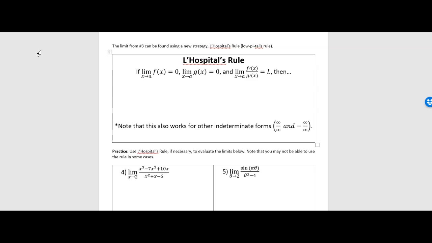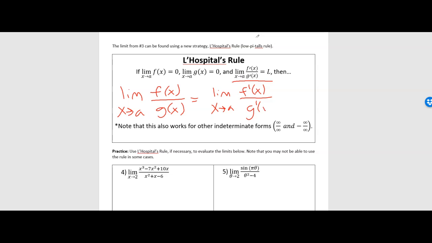Well, if that's true, then we can take the limit of the derivative of the numerator divided by the limit of the derivative of the denominator. And if that limit comes out to be a real number, something other than infinity or whatnot, then the limit as x approaches a of f of x over g of x is equal to the limit as x approaches a, again, of the derivative of the numerator divided by the derivative of the denominator.